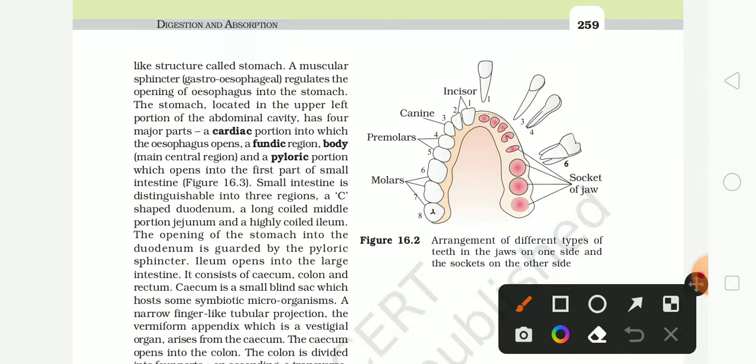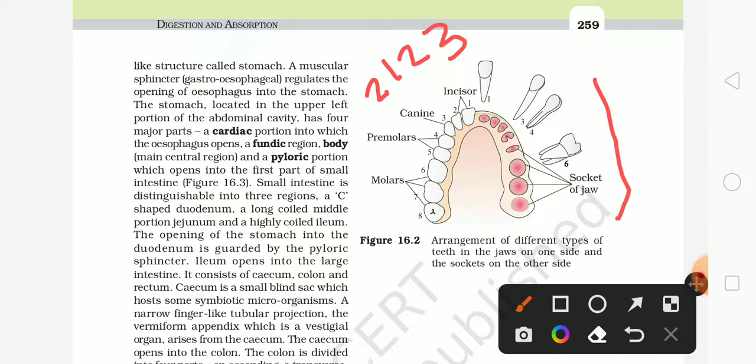Here you can see the different types of teeth. The arrangement of different types of teeth in the jaws on one side and the sockets on the other side. Here the dental formula is 2, 1, 2, 3.